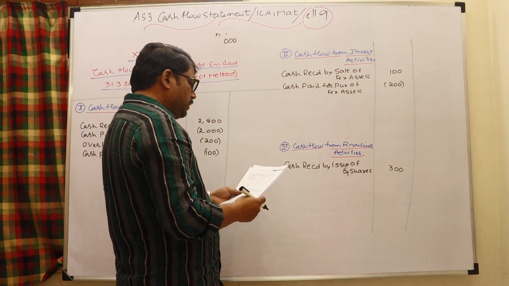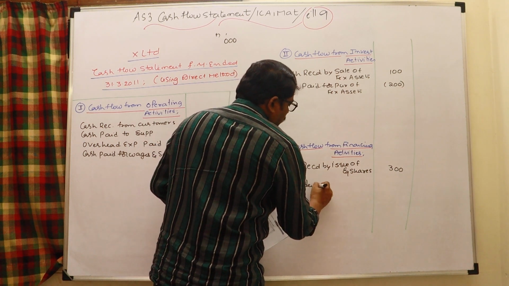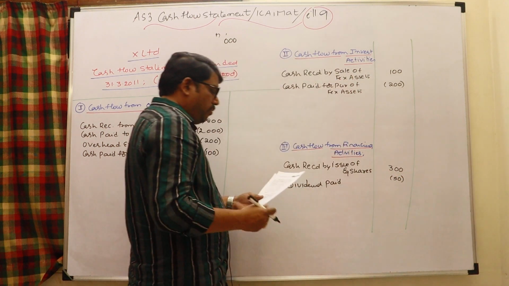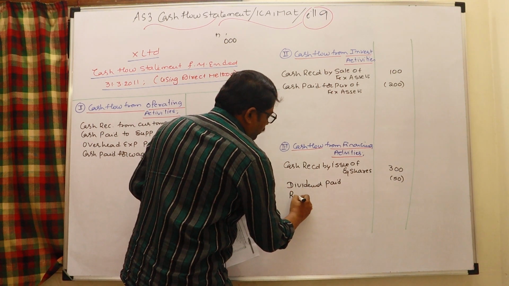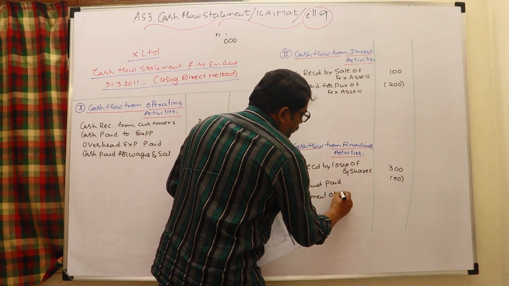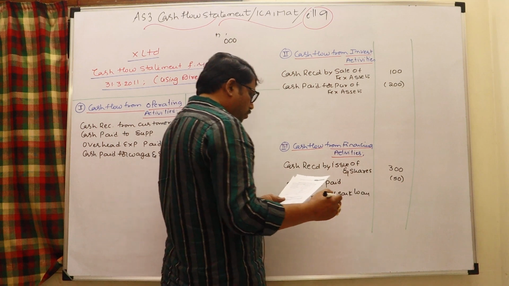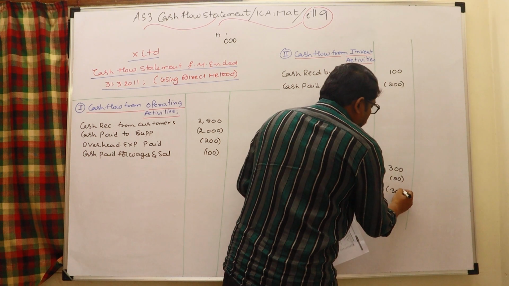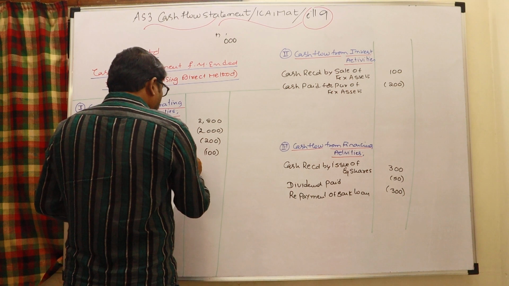Dividend paid is a financing activity, 50. Repayment of bank loan is a financing activity, that is 300. Lastly, closing cash balance. No more items. Now we can check it.